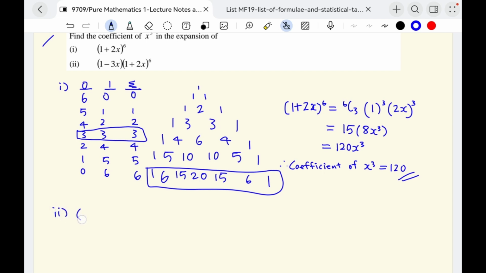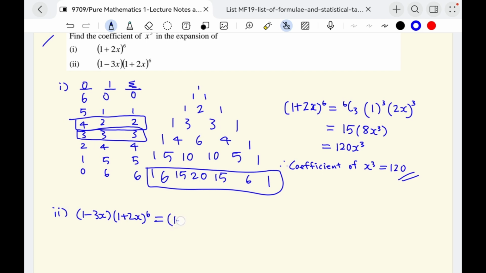Expand this: 1 minus 3x, times 1 minus 2x bracket to the power of 6. Since there's a degree of 1 inside the term 1 minus 3x, find out which term has the sum of degree 2, which is the third one, the 6C2 term.